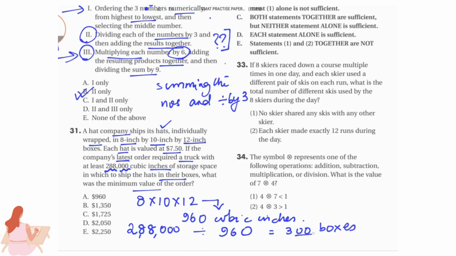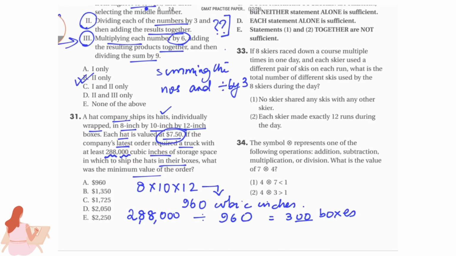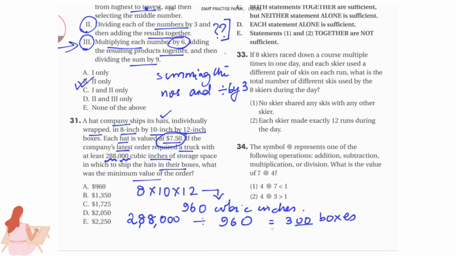However, this is not the answer. Now we will consider the value of each box, and we will multiply to get the minimum value of the order. So we multiply 300 by 7.50, which is the cost per hat, and this equals $2250. That means the correct answer to this question is option E. So we'll pick E as our answer.